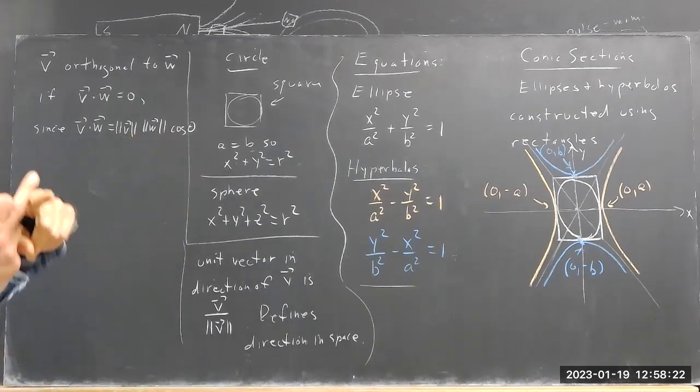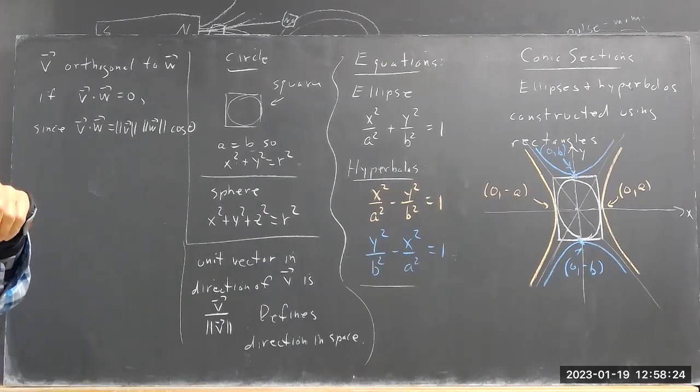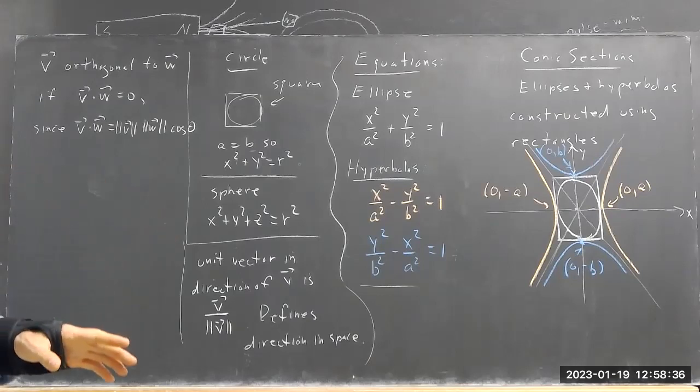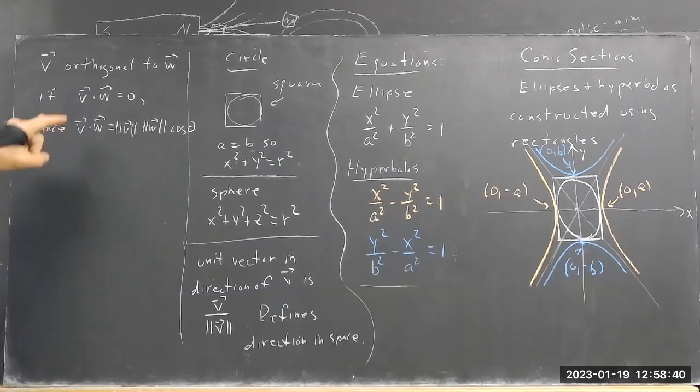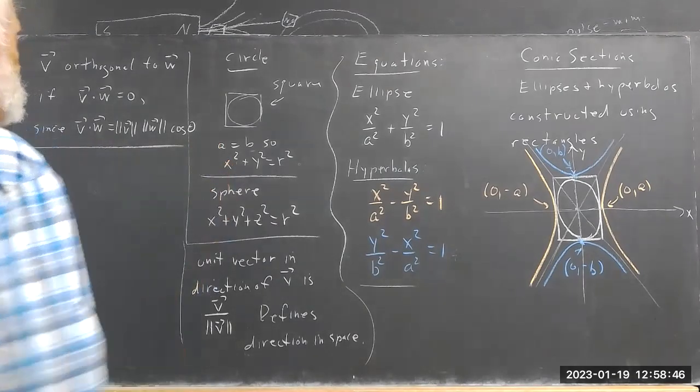In 3 dimensions, or in 2 dimensions, that means they're perpendicular. In 4 dimensions, you can't really say perpendicular because that gets weird. We say orthogonal. And in general linear algebra, we use the word orthogonal, but it's a generalization of perpendicular, and of a dot product of 0. So that's very important to understand.